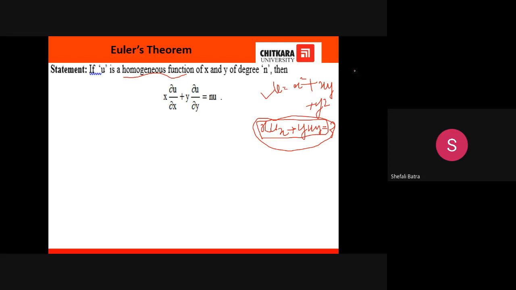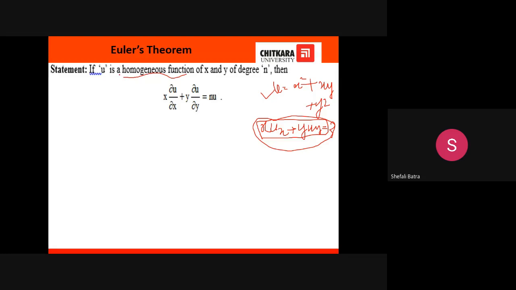So now what is Euler's theorem? If u is a homogeneous function of variables x and y of degree n, then x into curly u by curly x plus y into curly u by curly y is equal to nu. But the condition is the function must be homogeneous.